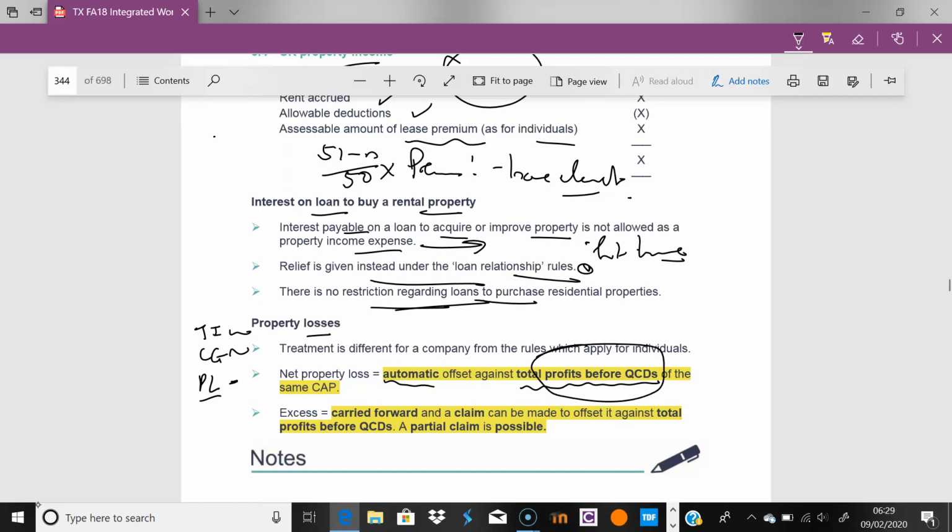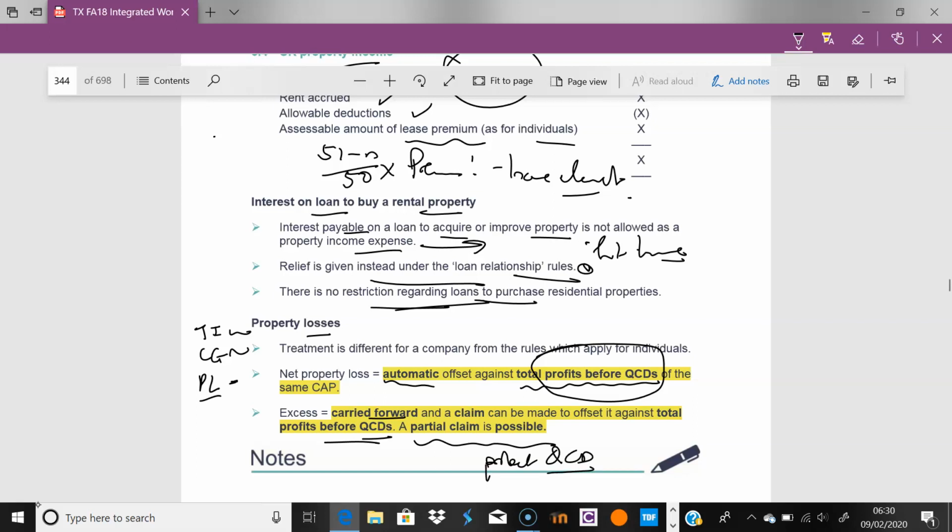QCDs are the last things that you can use. You can carry forward and use it against total profits before QCDs. When we come to look at the use of losses, we can restrict losses to protect QCDs going forward.